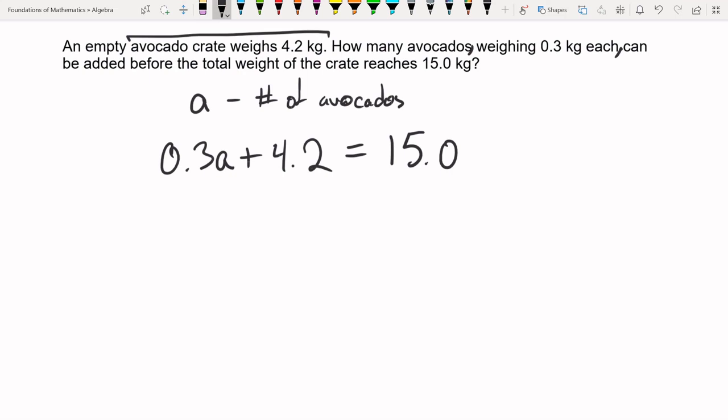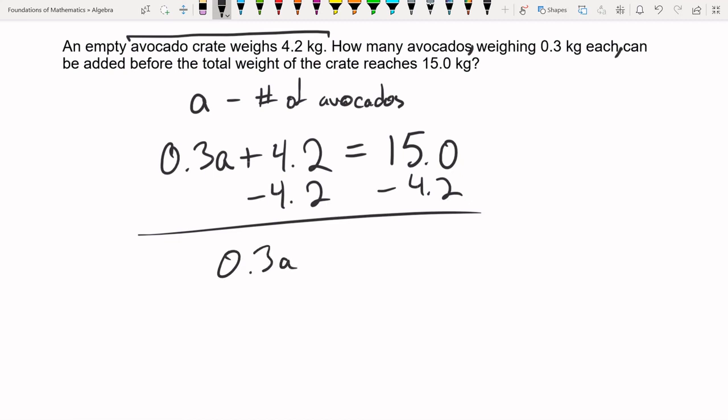So all we have to do is solve for this, and we can find how many avocados can be put in there to make 15 kilograms. Well, this is a two-step equation. First, let's subtract 4.2. 15 minus 4.2 is 10.8.